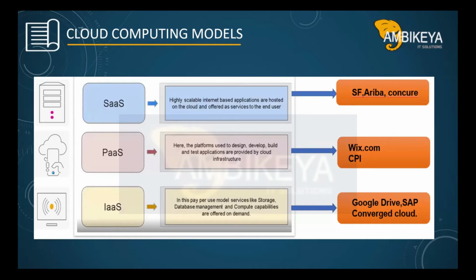Under this infra, you are getting storage, database management kind of thing. For example, you have Google Drive. In Google Drive, you are keeping your information, like your photos and your documents. So those things come under infrastructure, IaaS.